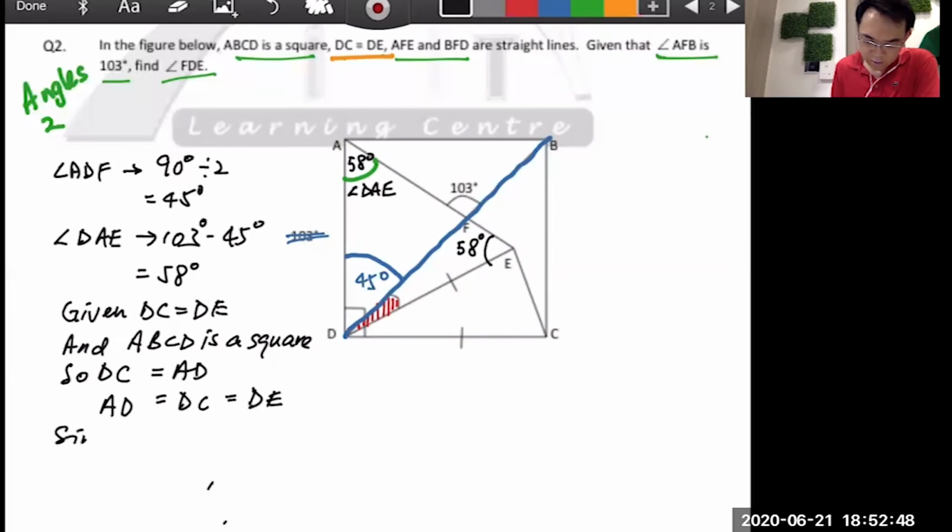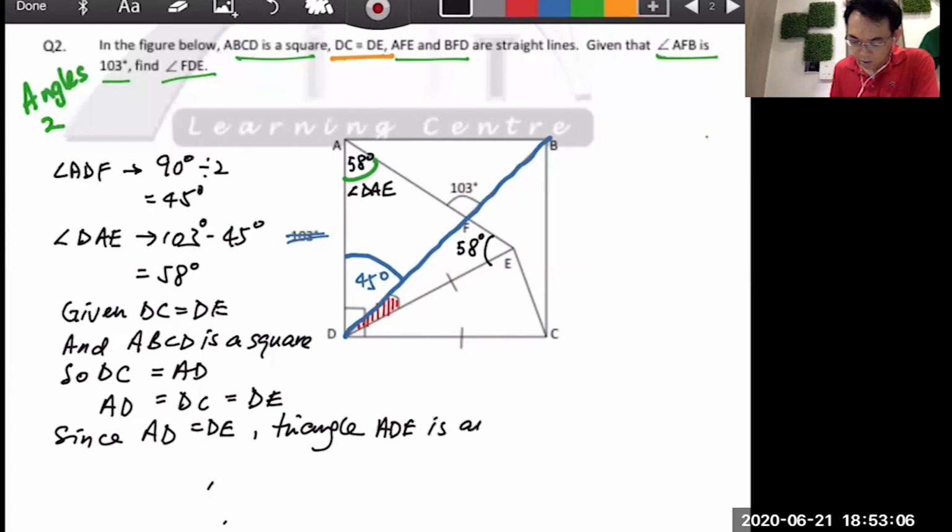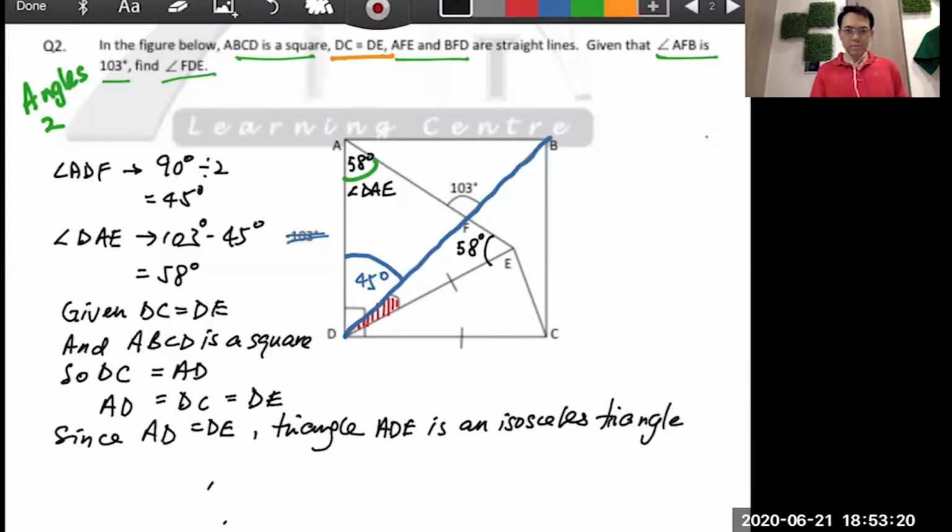So since AD is equal to DE, triangle ADE is an isosceles triangle.